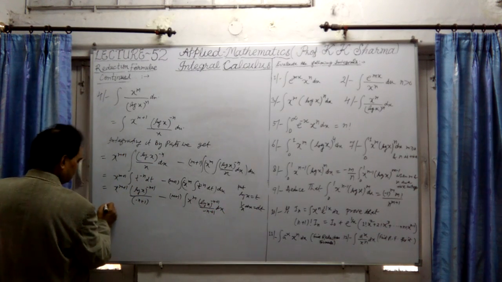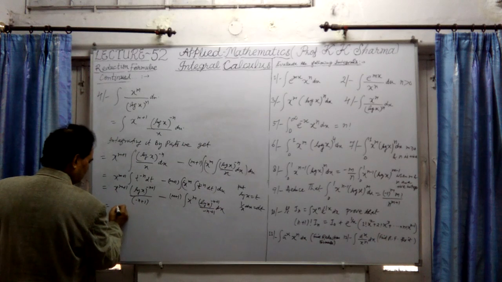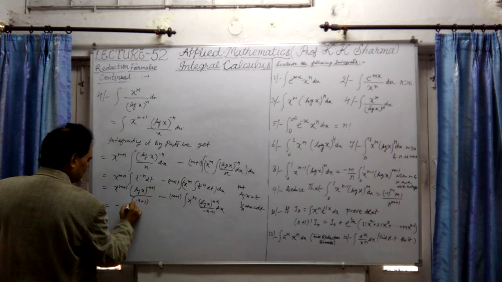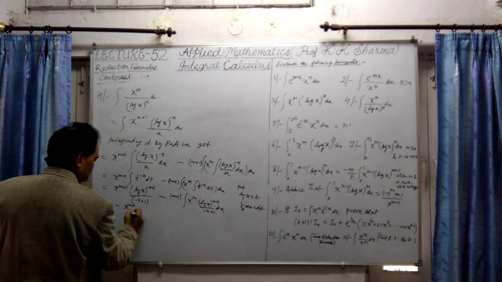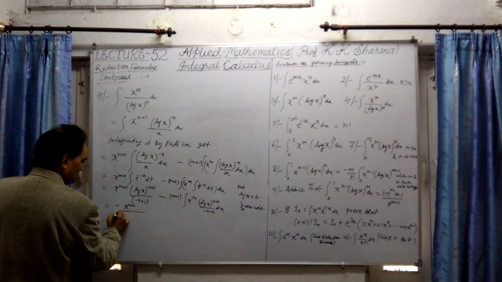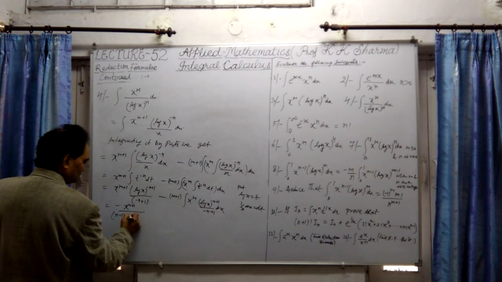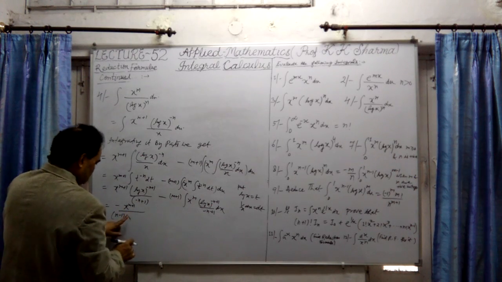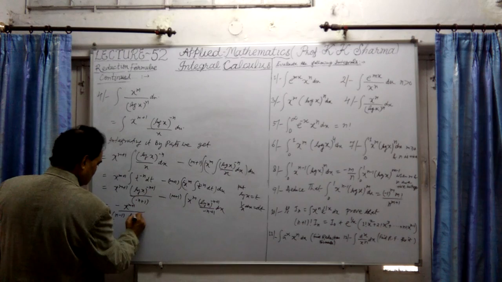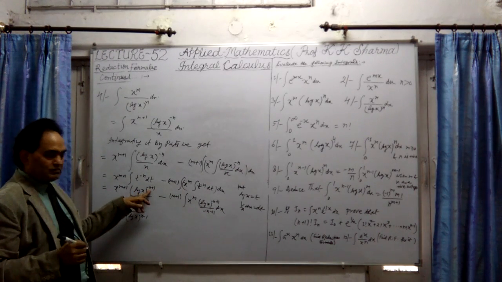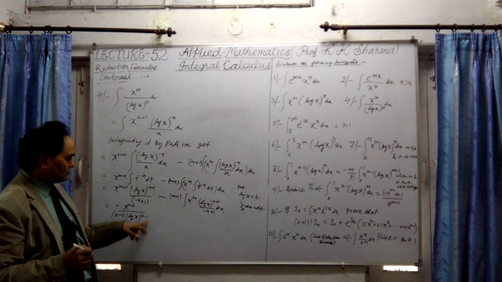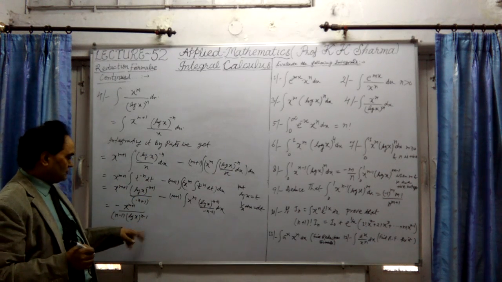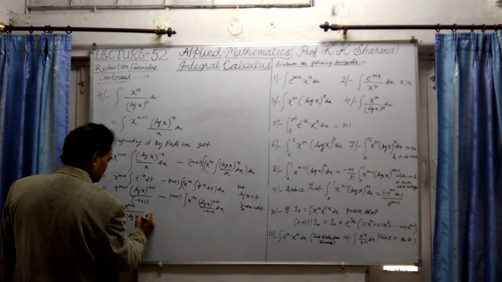Now let me take the minus sign common here. It becomes minus x raised to the power n plus 1 upon n minus 1, times (log x) whole power n minus 1. Why? Because the power minus n becomes positive in the denominator and the 1 becomes negative, so it is power n minus 1.